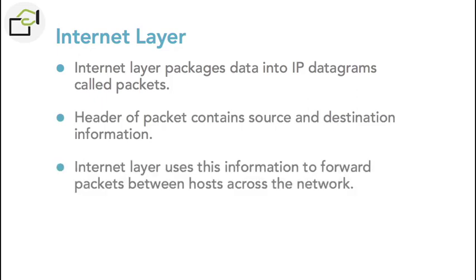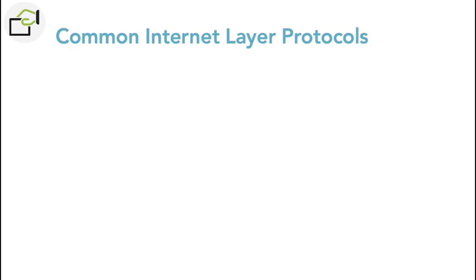After the internet layer has the source and destination information, it then uses that information to actually move the packet across the network. In essence, you can say the internet layer's job is to perform routing of IP packets across the network. Several common internet layer protocols that you might have heard of are as follows.